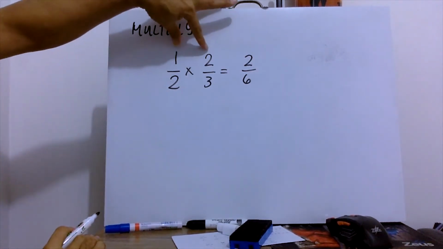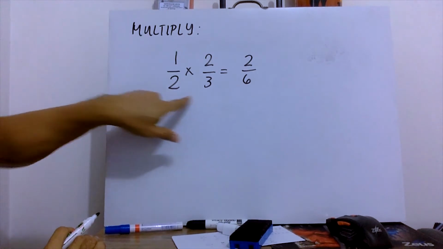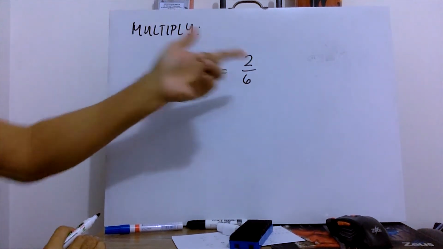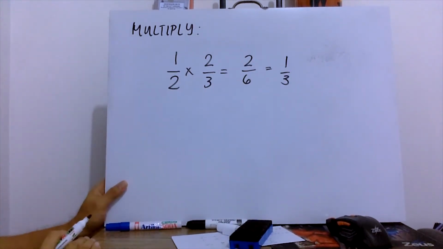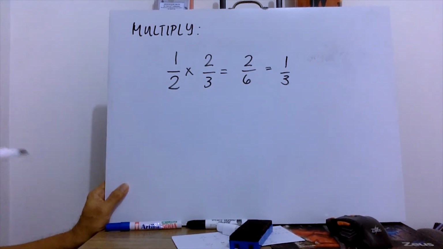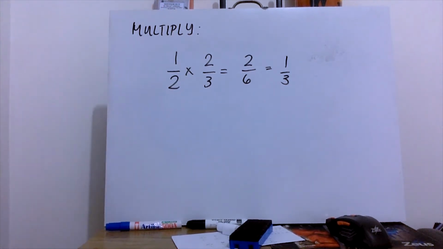Simply multiply both the numerators and both the denominators. That's it. And then if you can simplify it, simplify it. This is 1/3. Okay. What I'm teaching my students is not to really multiply all of them, but to do cancellation.